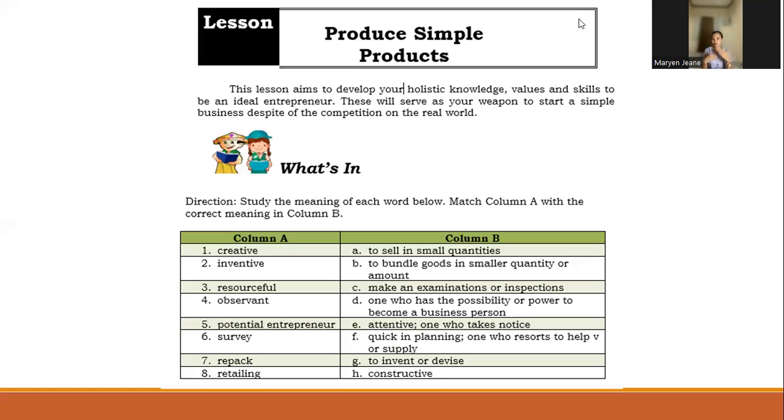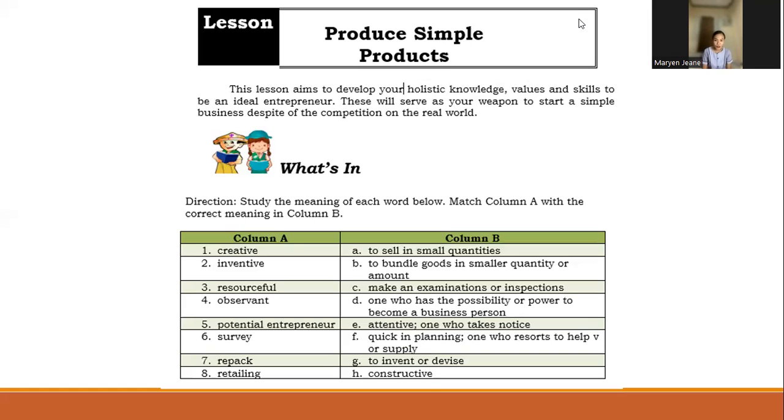So let's move on to What's In. Now, we have here an activity, and you're going to answer this one. The direction is: study the meaning of each word below. Match column A with the correct meaning in column B. I will read column A first and then column B. Column A, number 1, creative.